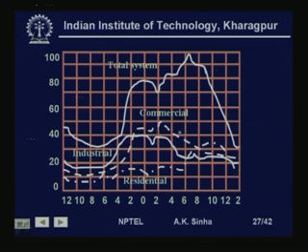This will go up, and late in the night they go down. Around the evening they have a high peak maybe, but mostly these loads will be high during the day period. So, we are finding that the load is changing all the time.